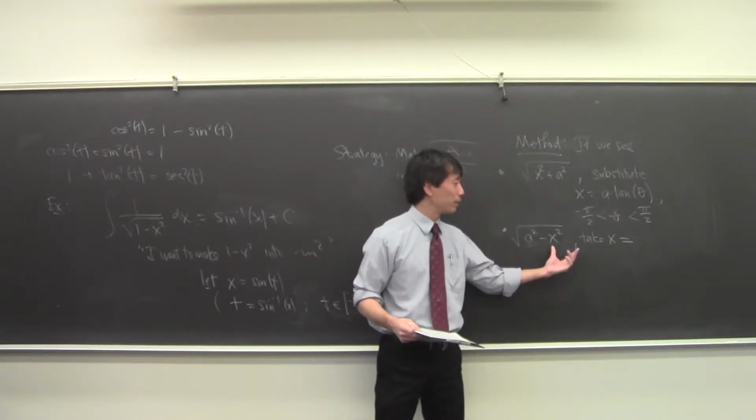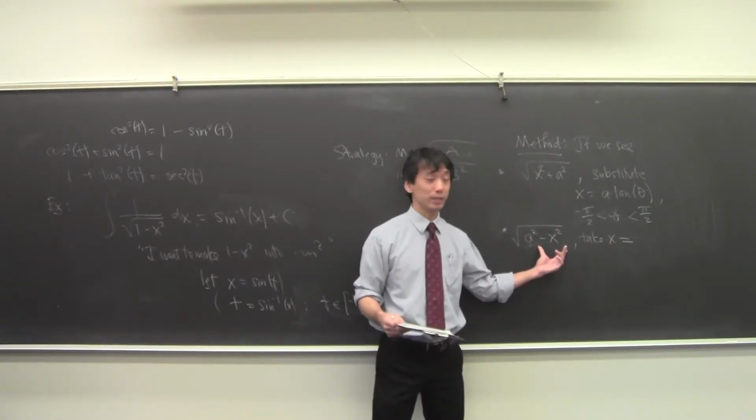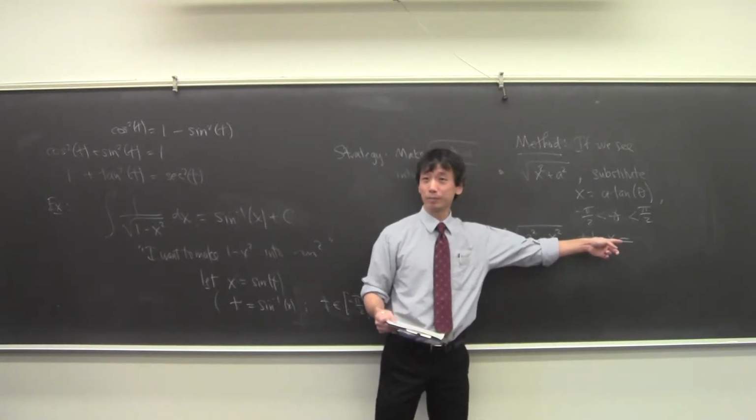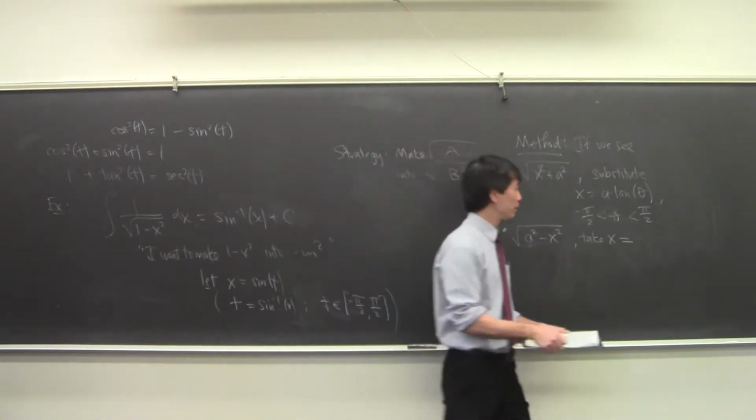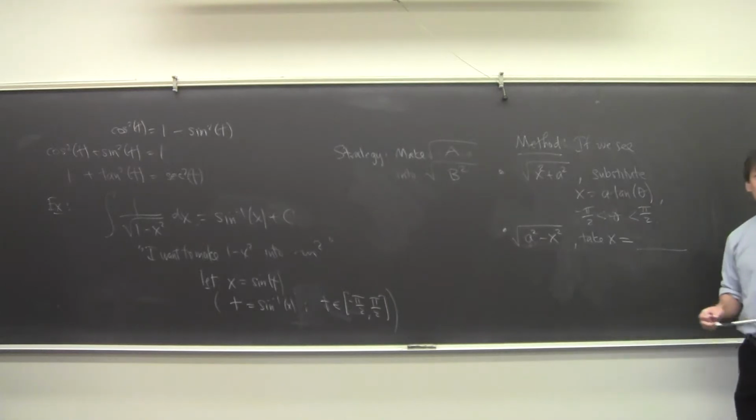Take half a minute, take 30 seconds and write down what this should be. Don't blurt it out. Just a guess. Okay, turn to somebody nearby and talk with them. Tell them what you wrote.